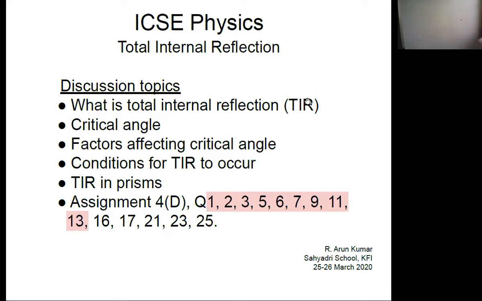So if yellow, which presumably lies somewhere in between these two, is 45 degrees, then for red light it is going to be more than 45 degrees, and for anything in the violet region, by blue they mean something in the violet region, it's going to be less than 45 degrees.